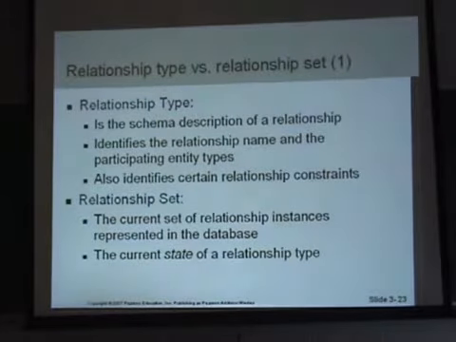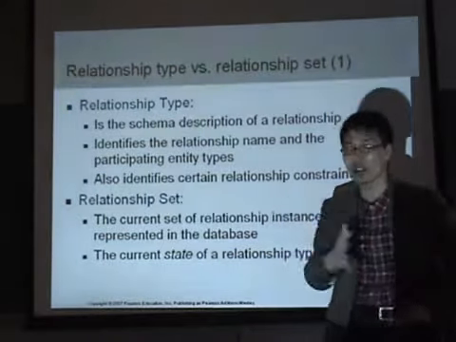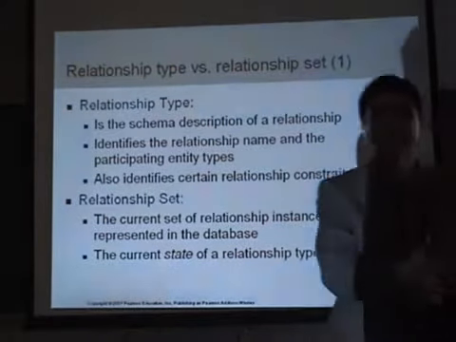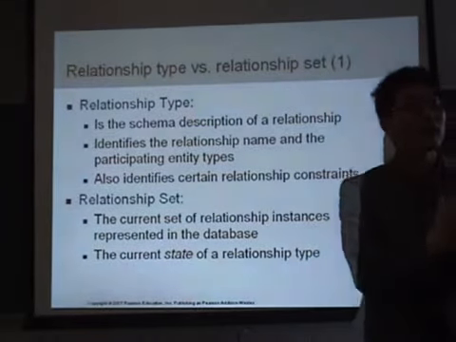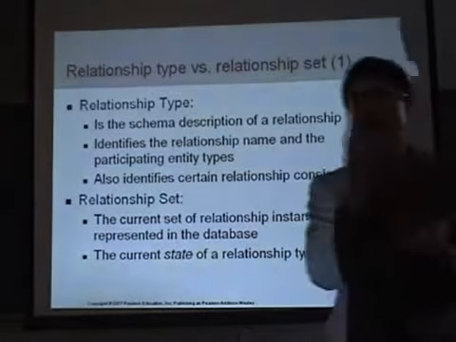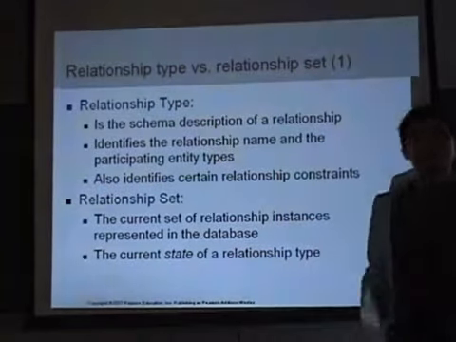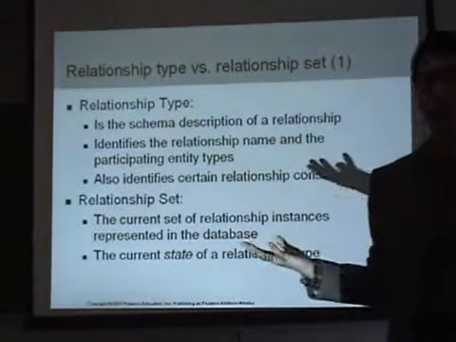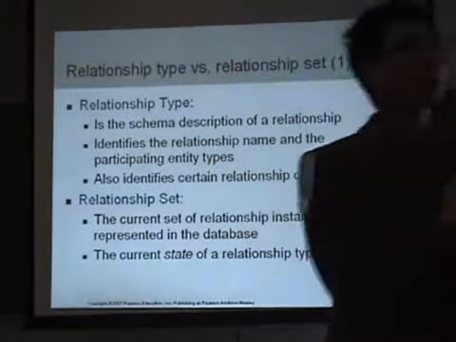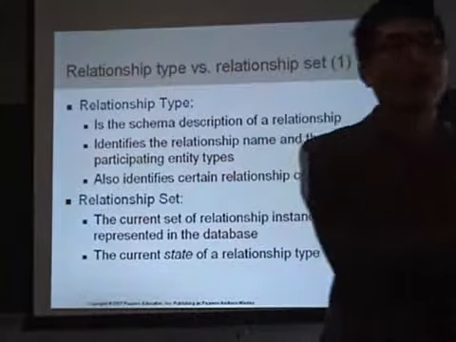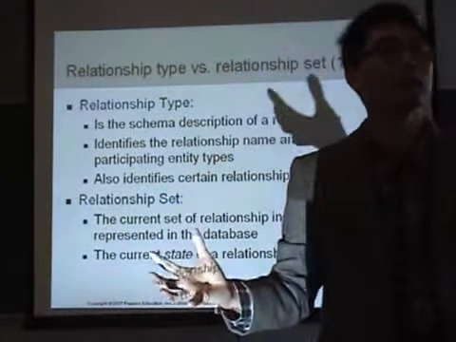So it's the same mechanism as you learned with entities. A group of entities forms an entity type, and combining entity types and entities gives entity sets. Same thing for relationships: you can find a bunch of relationships. Lee supervises Patel. Lee supervises James. Lee supervises anyone. These are relationships.